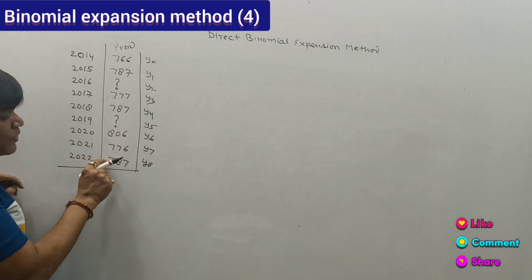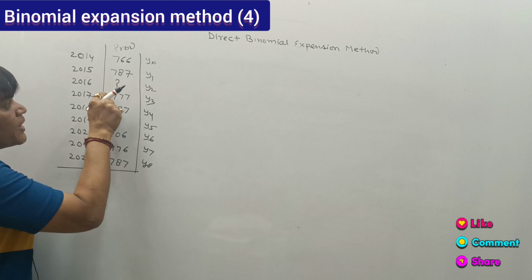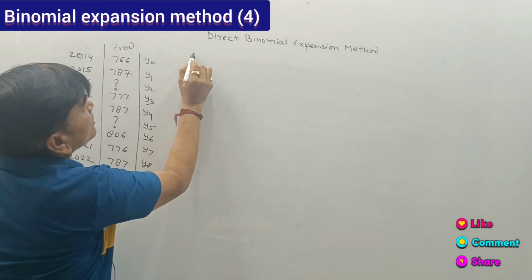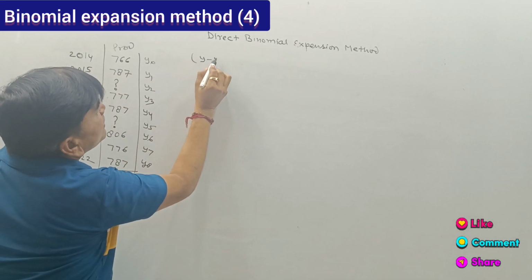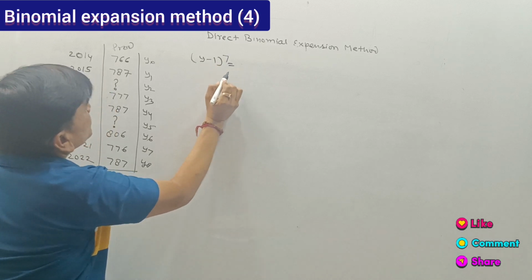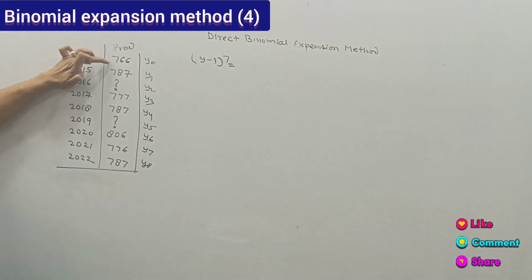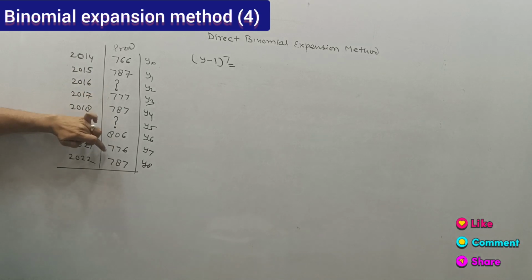So 7 values are given: 1, 2, 3, 4, 5, 6 and 7. So we have to use the formula (y minus 1) raised to power 7, because the given values are 7.